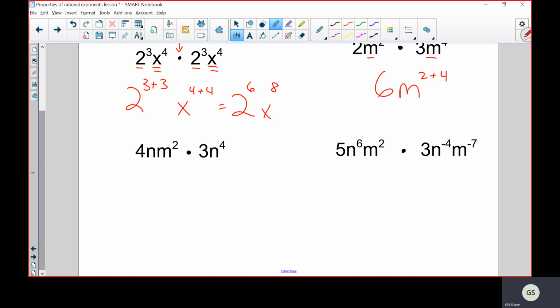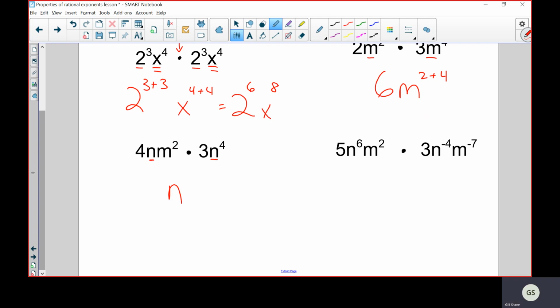All right. So, do we have the same base anywhere in there? We do, right? What is it? N. Nothing else, though. No other same base. So the only place where we can add the exponent is going to be on that N. What am I adding? 1.